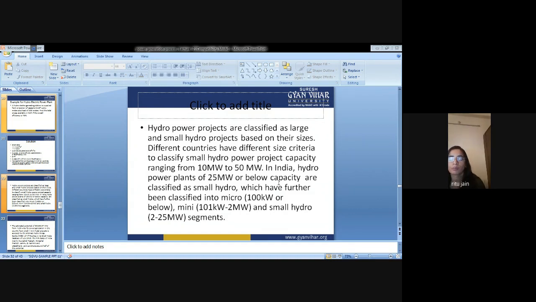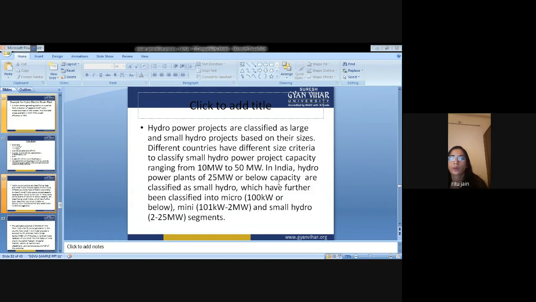If the hydropower plant generates electricity greater than 2 megawatt up to 25 megawatt, then this hydropower plant comes into the category of small hydropower plants. So here we can divide the hydropower plants according to their range.